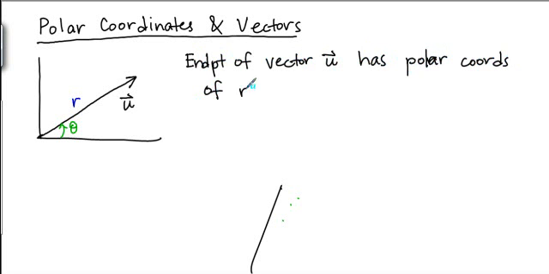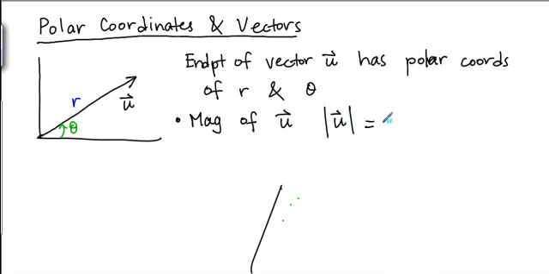of r and theta, where the magnitude of u, which we write with the absolute value sign, is always positive, because remember, magnitude is a distance. We denote that as r, so the magnitude is r.